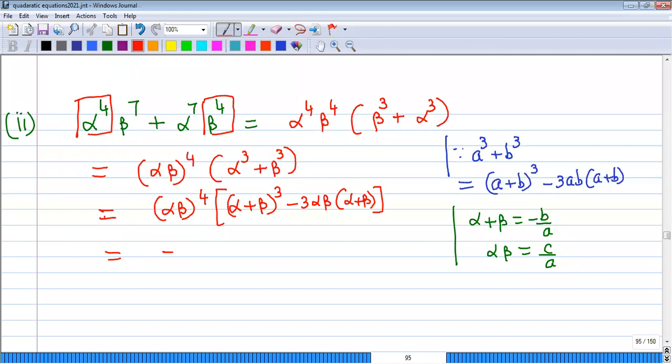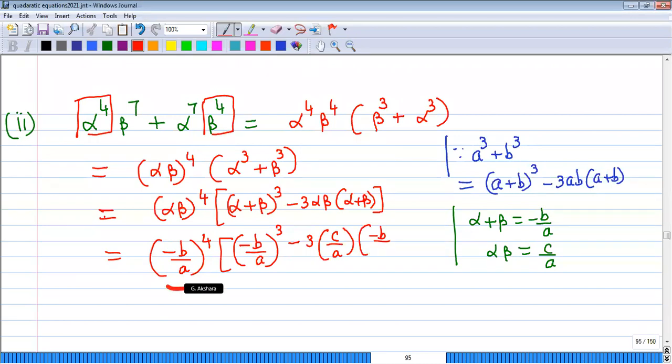Alpha beta, minus b upon a whole power 4 times, next alpha plus beta whole cube, minus b upon a whole cube, c upon a to the power 4, minus this is alpha beta, c upon a, alpha plus beta, minus b upon a. Sir, there c upon a, sir. Yes, wonderful, Nana. Good. This is not minus b by a. Very good. This is c upon a. Absolutely correct.